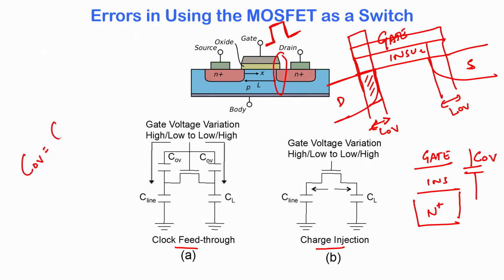It is basically your Cox, measured in farads. Cox is the capacitance per unit area, and the area we need is W into L overlap. So, that is the area we are talking about. This overlap capacitor appears across the gate, and it couples the gate signal to the source and drain electrodes.